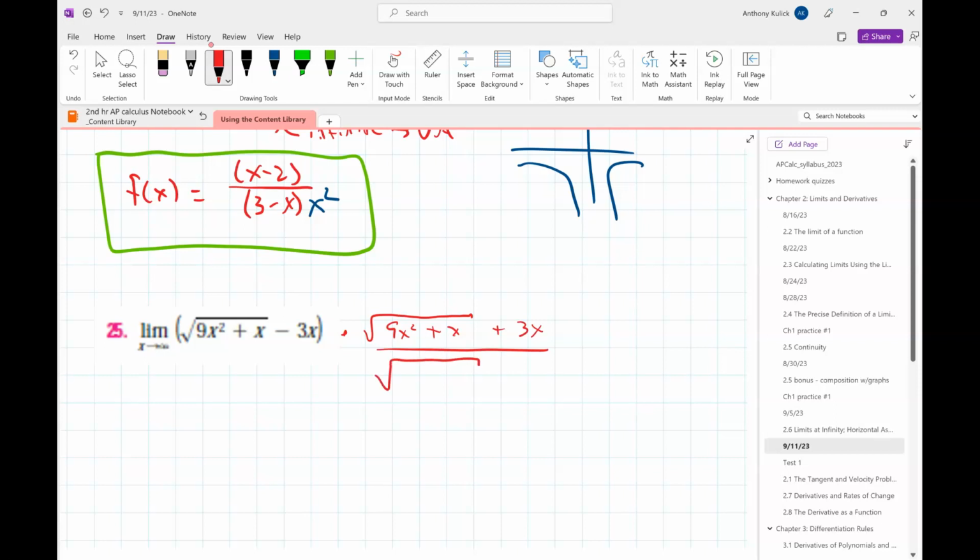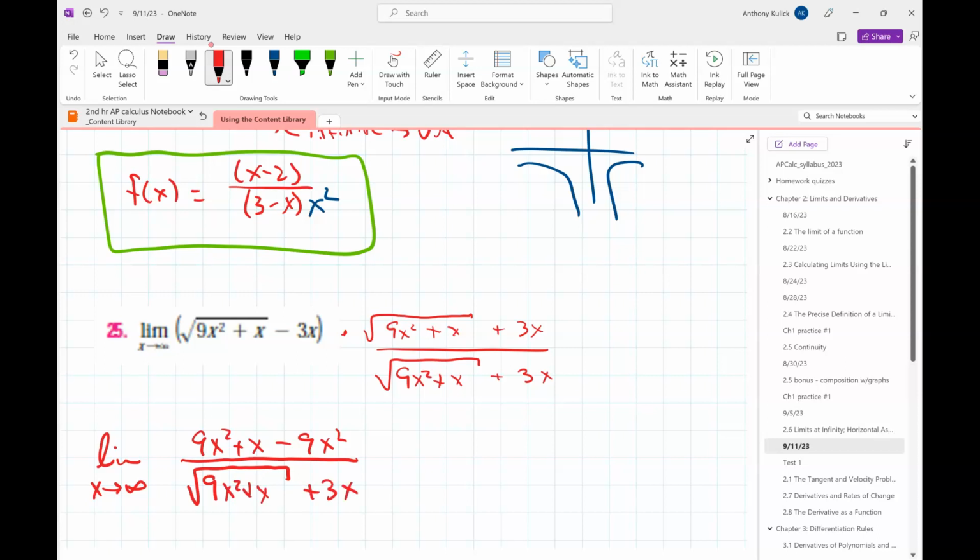So again, the conjugate, everything stays the same except the sign in between the two terms becomes opposite. So when I multiply that out on top, I have 9x squared plus x minus 9x squared. And I got that, right? So now, if I still do a substitution, now I have infinity over infinity, right?